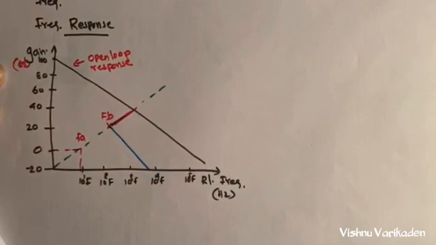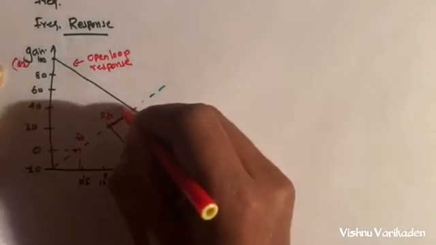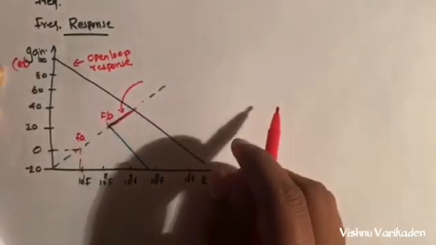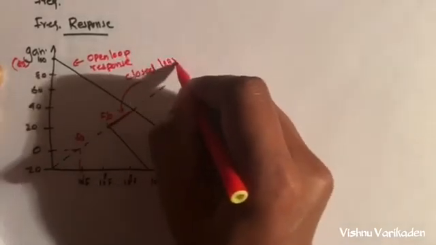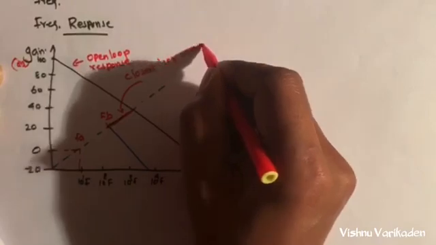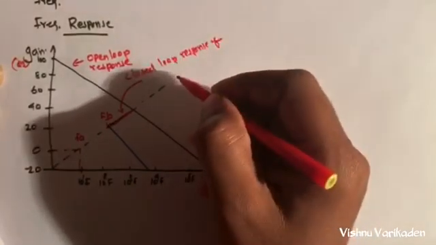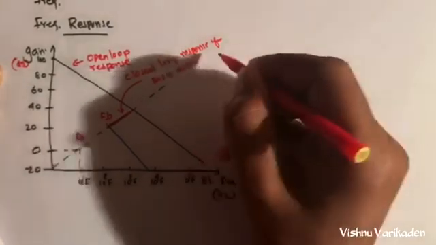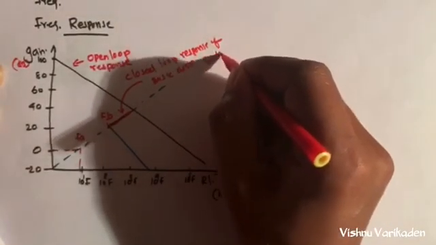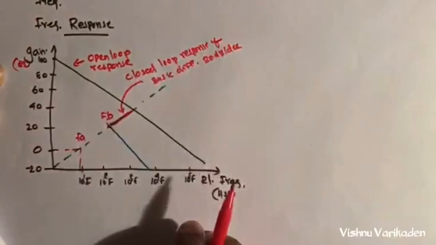So this is the closed loop response of the basic differentiator, at 20 dB per decade.